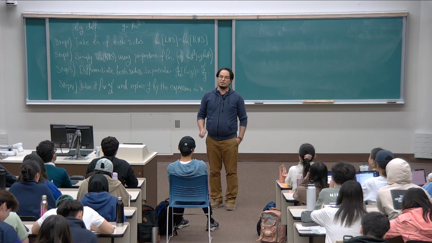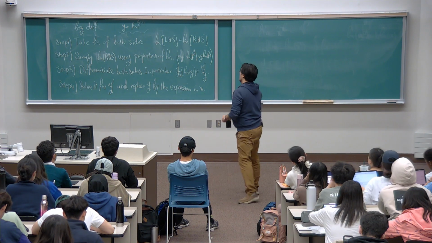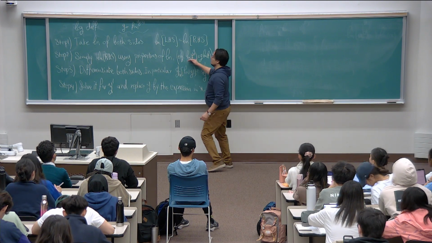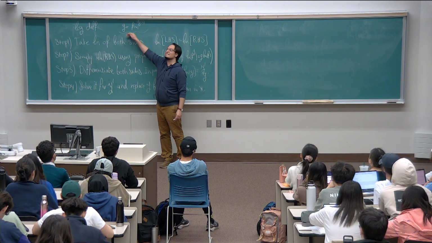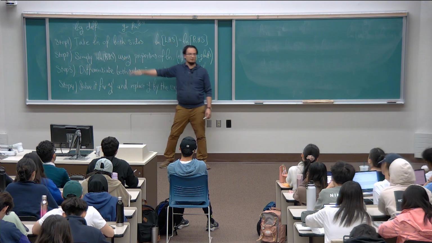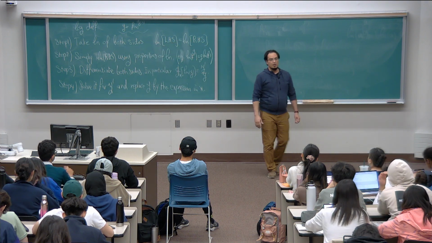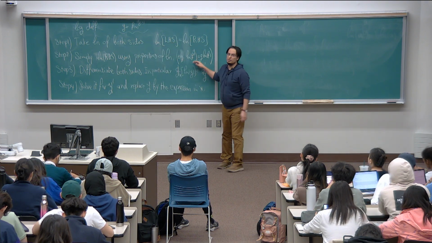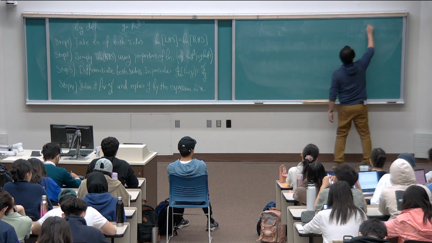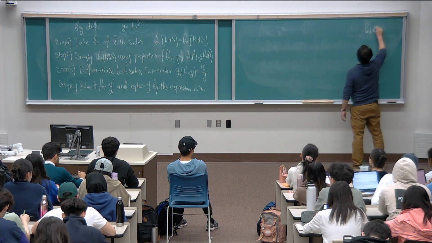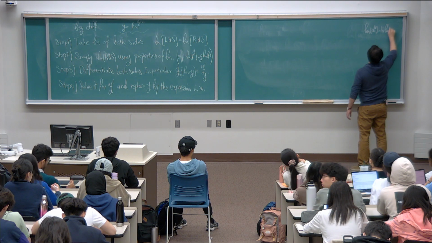And one of the reasons I won't accept is, here, I take this as an example of the log differentiation. The property we used here was ln of a to the power b is b ln a.